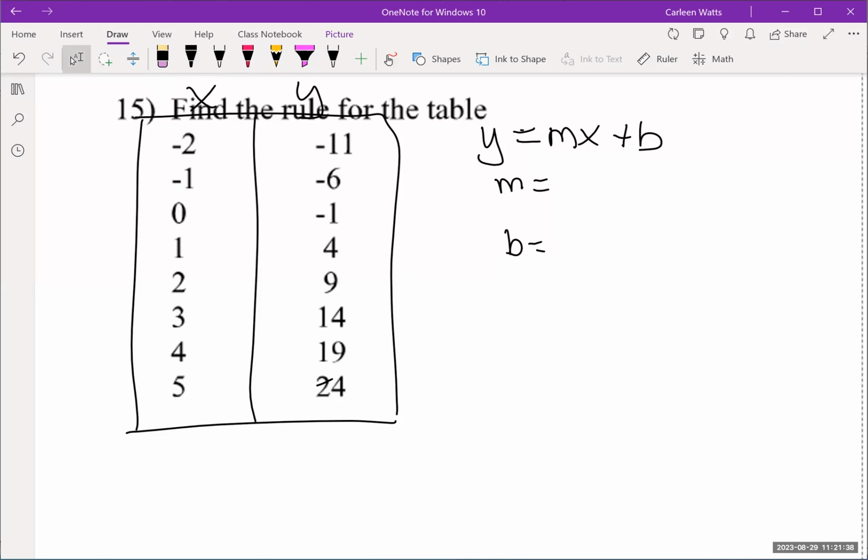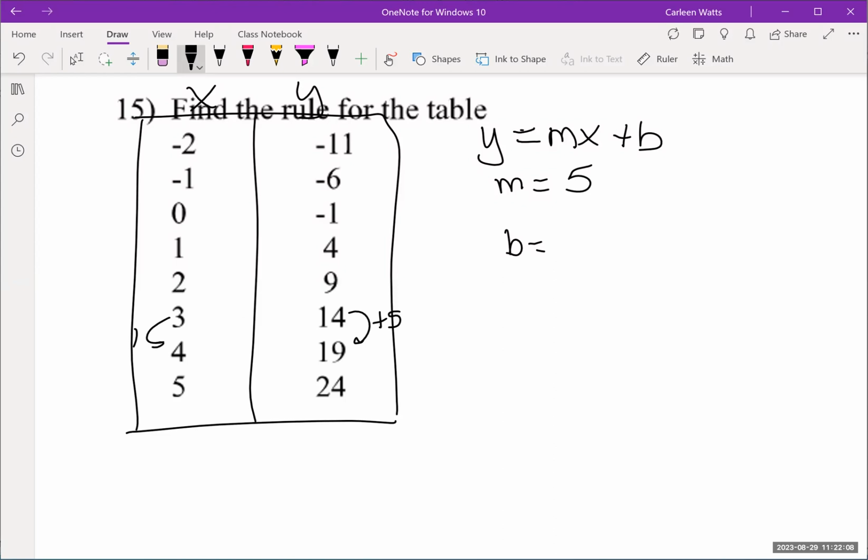Okay, Zoomers, type in. People in person, vote with your hands. What is M? Yeah, oh, fast, fast. Can I do it like this? Plus 5? 5 over 1. Correct. M is 5. You're ahead of me.